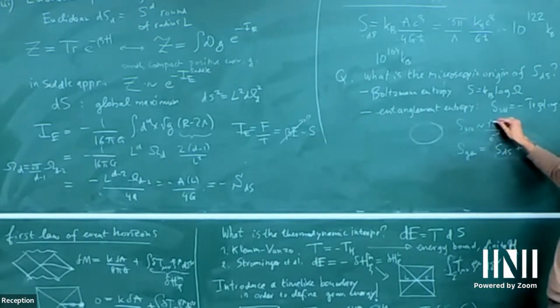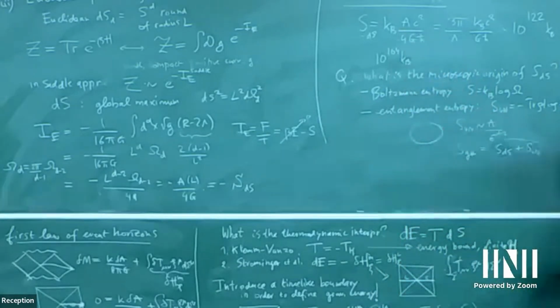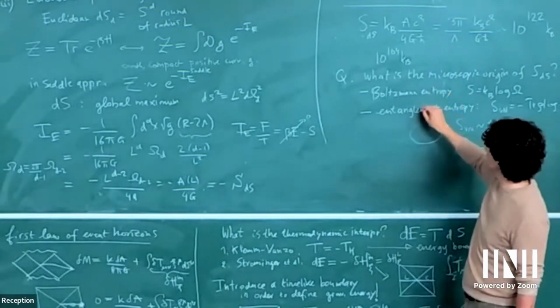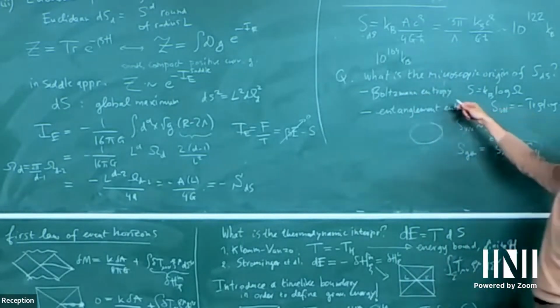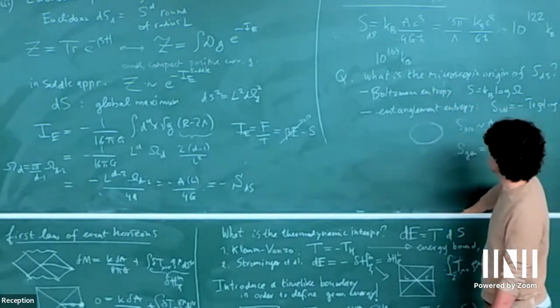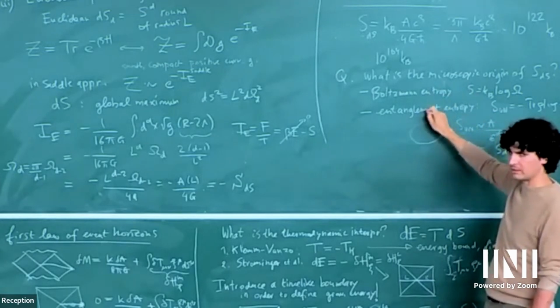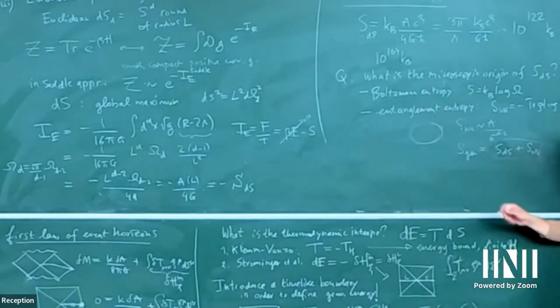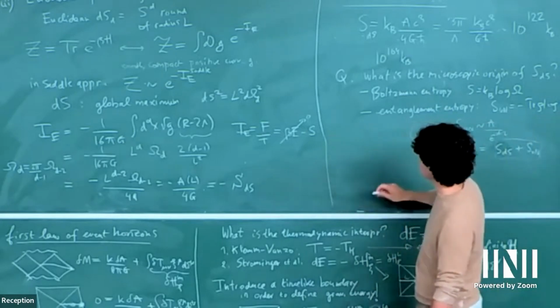The fact that it's still the area is kind of suggestive. It could also be that both microscopic interpretations are correct. Maybe in the UV you can count it this way, in the IR you can count it this way, and I will come back to this shortly.